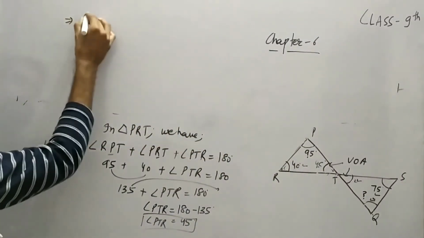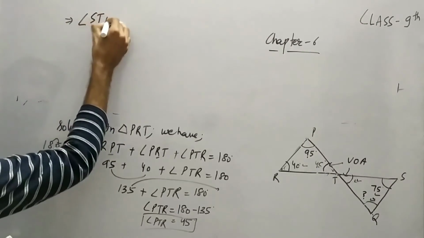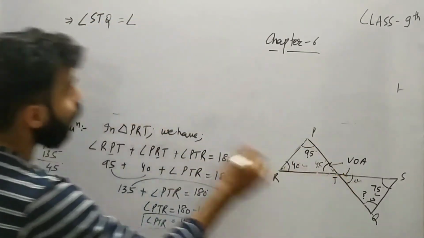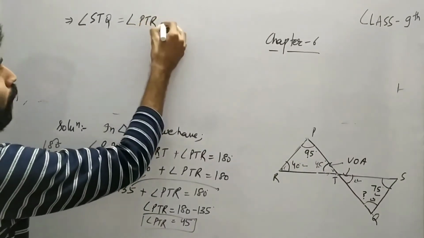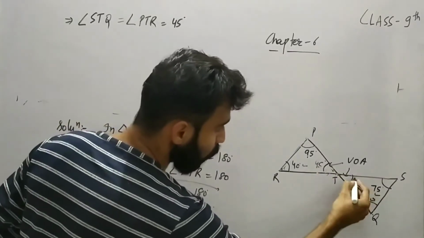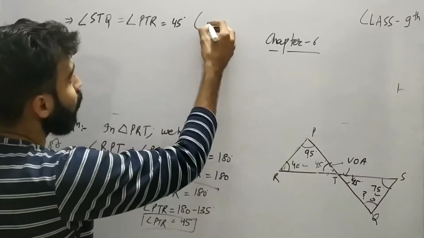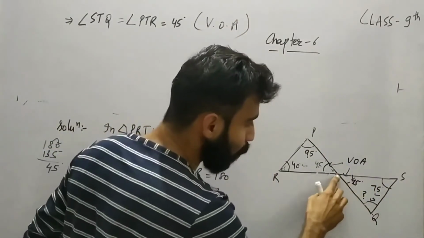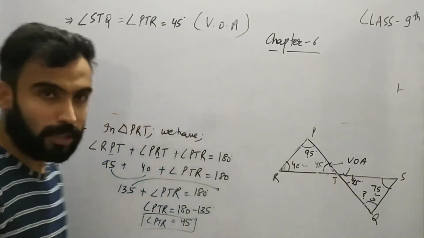Now you can see angle STQ is going to be equal to angle PTR. Both are going to be 45 degrees. So this is also going to be 45 degrees, because they are vertically opposite angles, because the lines are intersecting at a common point.